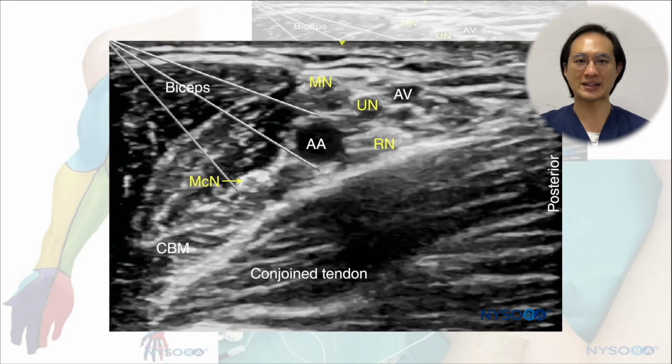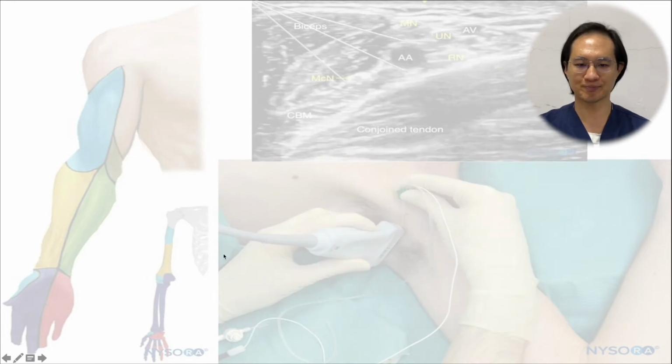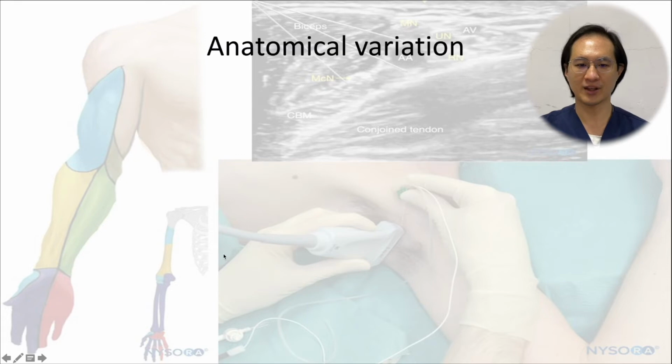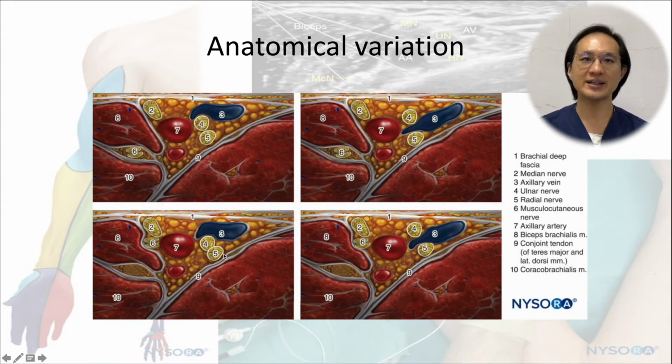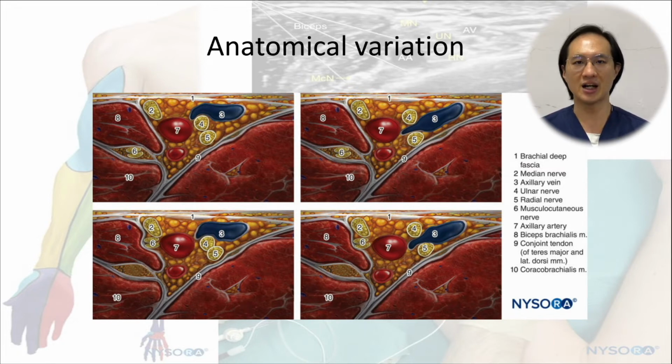This is what I meant by the median, ulnar and radial nerves and the axillary artery being contained inside the neurovascular bundle, which is formed by the biceps, coracobrachialis and the conjoined tendon. There are many anatomical variations, so the median, ulnar and radial nerves are not necessarily arranged in the manner which I described just now.